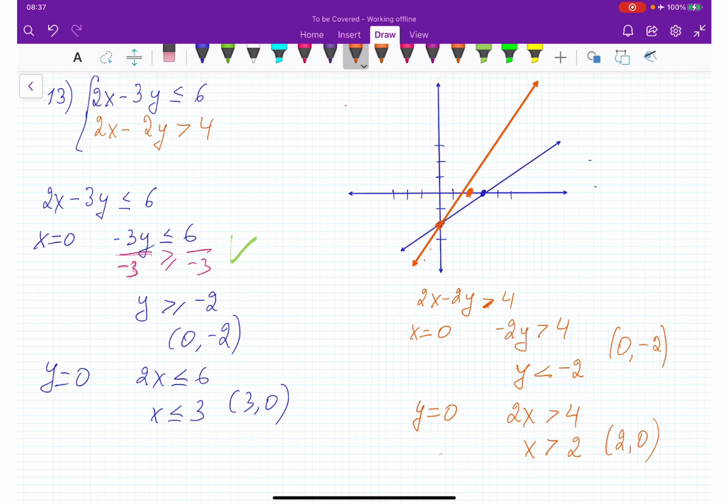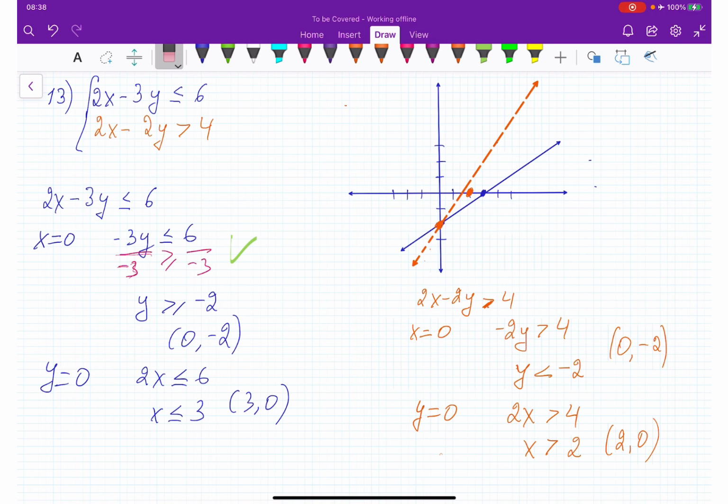So look what is happening. If it were just a system of equations, meaning an equal sign without inequality, this common point would be the answer, right? 0, negative 2 would be the answer. But we have inequality, so we need to have a shaded area. First of all, let me make it dashes. Okay, we made it dashes.